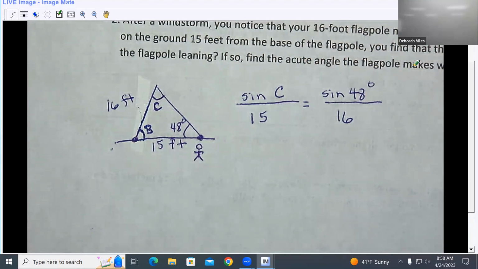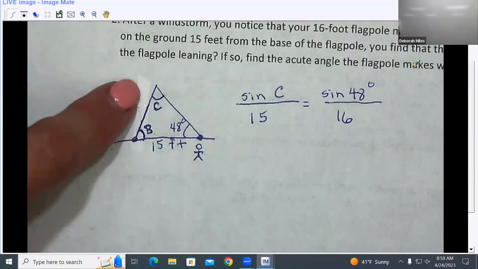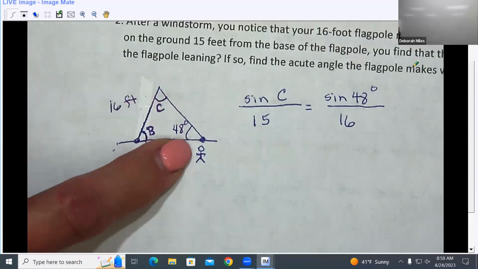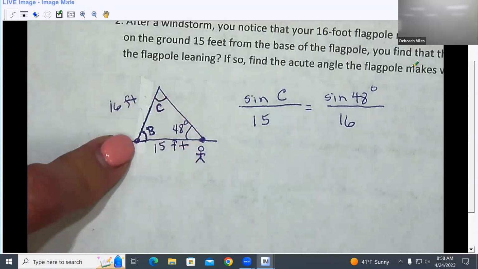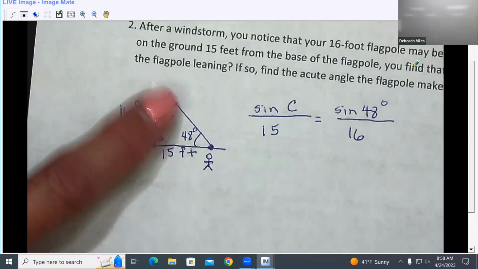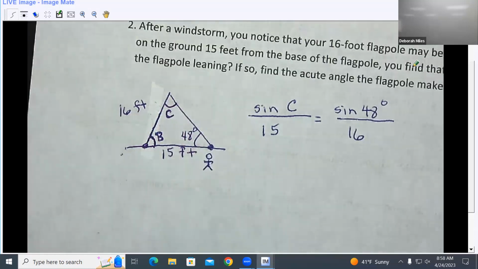I'm going to let you finish it. Once you know C, if C and 48 add up to be 90 degrees, then B is 90 degrees. But if C is not 42 degrees, then B is not 90 degrees.